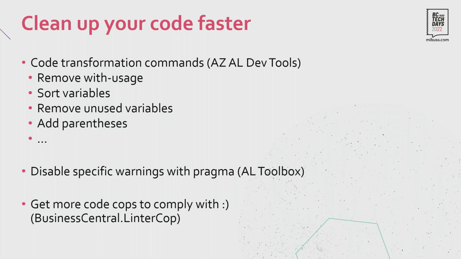And if you want to have more code cops to comply with, to keep your code even more clean, you can use the LinterCop, Business Central LinterCop extension. With that there are, I think, 10, 15 rules, something like that, to comply with as well.